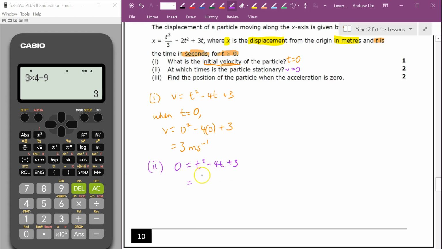So that factorizes to t minus 3, t minus 1 is equal to 0, and therefore t is equal to 1 and 3. So I'm just going to write a concluding statement. Therefore, particle stationary at 1 second and 3 seconds.